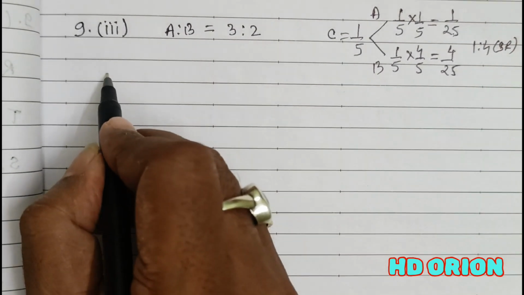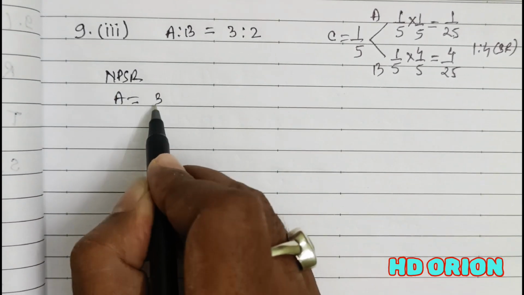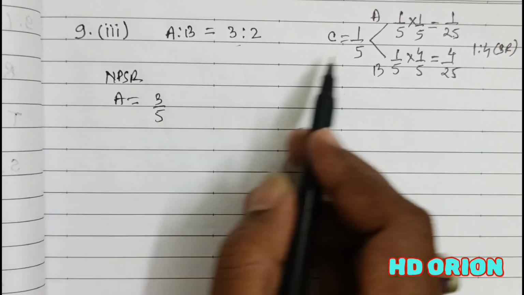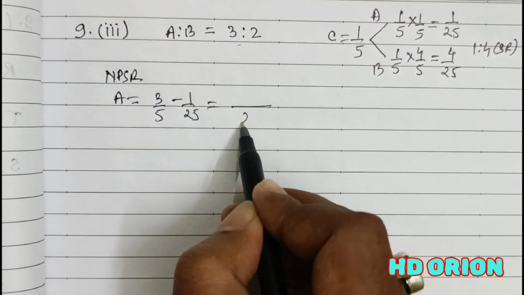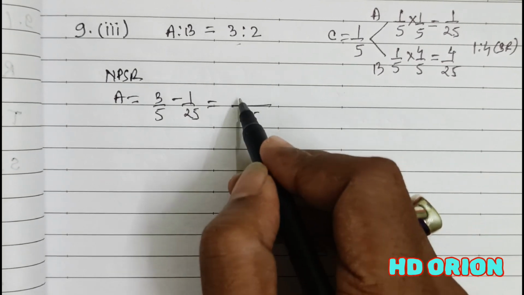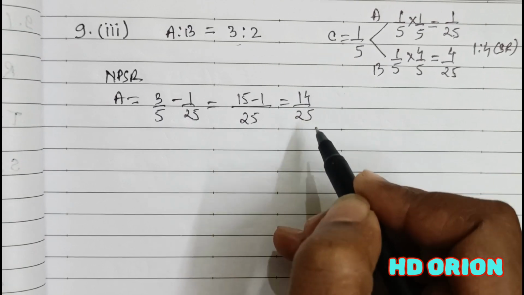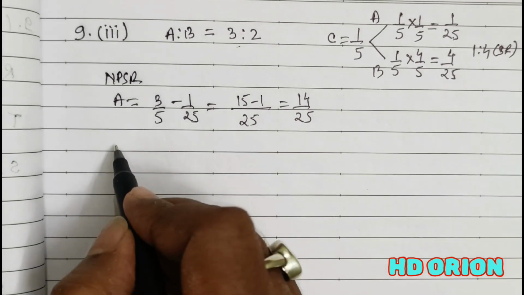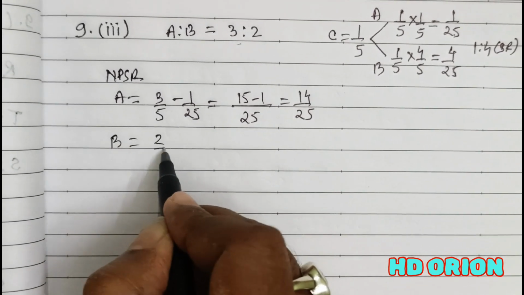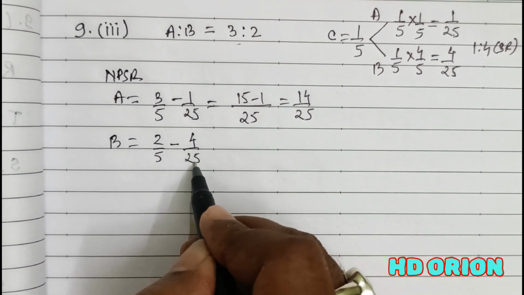Fine. And now let us calculate the new profit sharing ratio of A. It is 3/5, the old share, and he has sacrificed 1/25. So LCM will be 25, and 15 minus 1, that is equal to 14/25, the new share in the total profit for A. And B: 2/5 minus how much? 4/25.